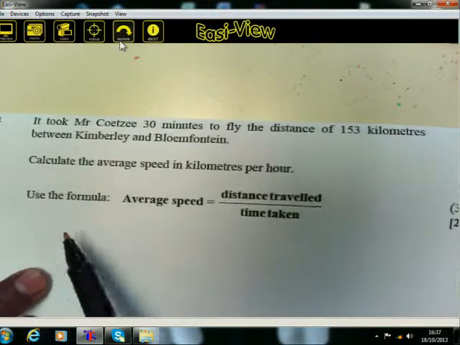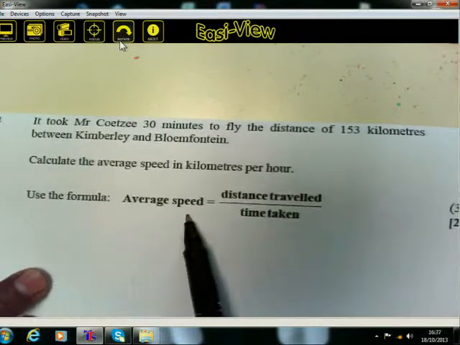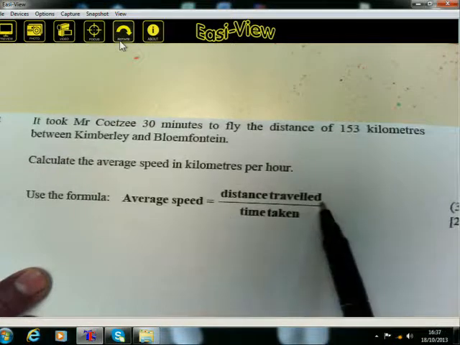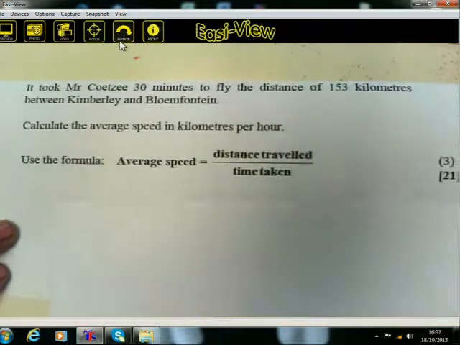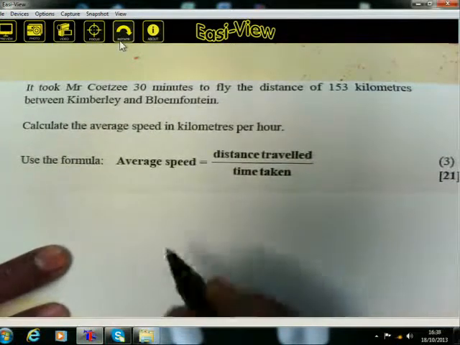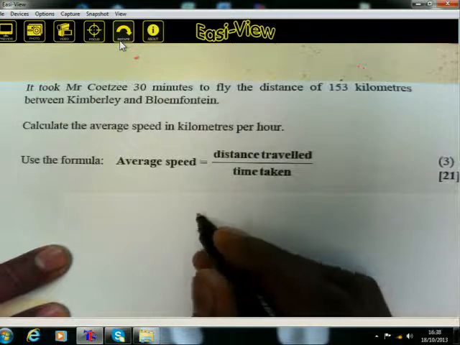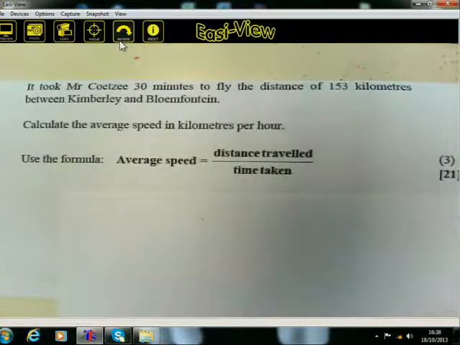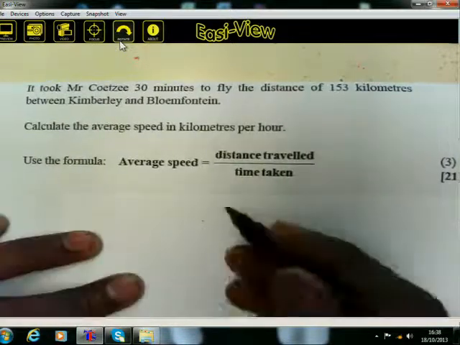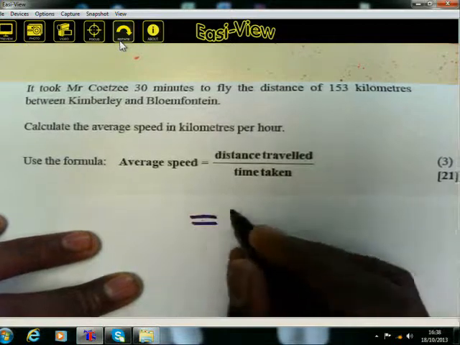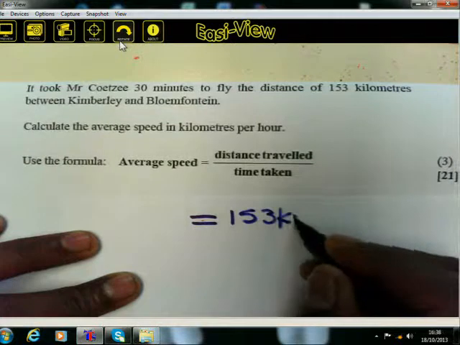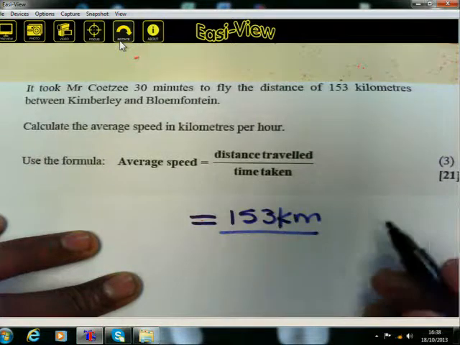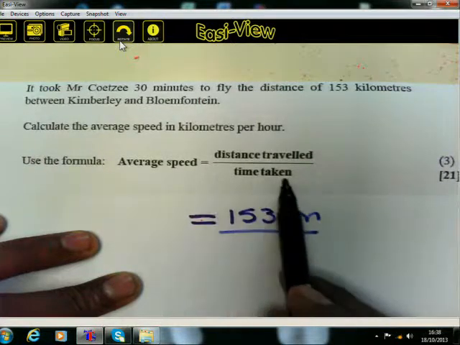If the formula average speed is equal to distance traveled over time taken, which means here the distance traveled is 153 kilometers over the time taken.